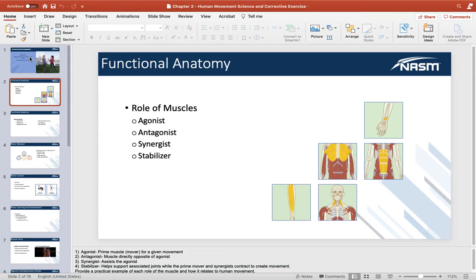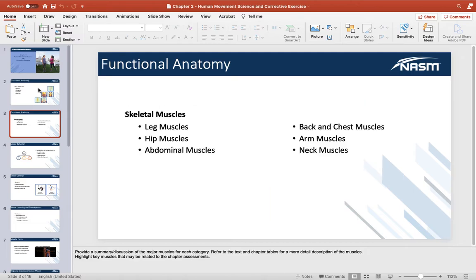And then lastly, your stabilizers, which assist and support the joints while your prime movers and your synergists are making that movement happen. A stabilizer would be the adductors during a squatting motion, just to make sure that the legs are staying in proper organizational form. So that's your four roles there.